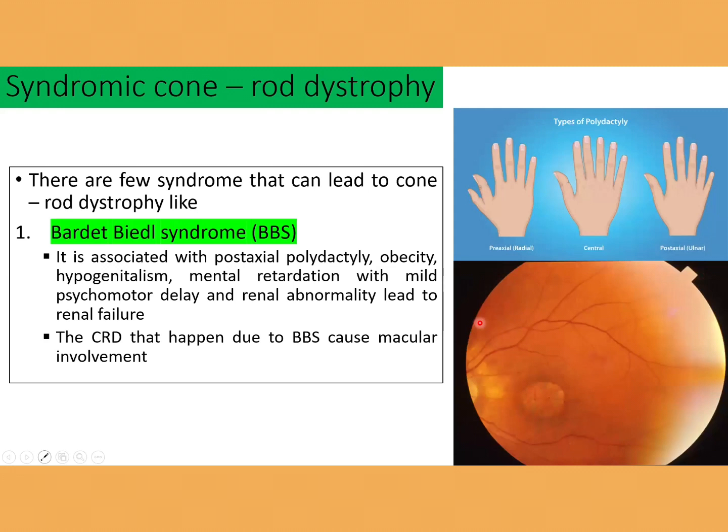Okay. So first we start with the syndromic causes, then we will go to the genetic mutation, that is the non-syndromic type. The first syndrome that can lead to cone rod dystrophy is Bardet-Biedl syndrome. It is associated with post-axial polydactyly. So what is polydactyly?